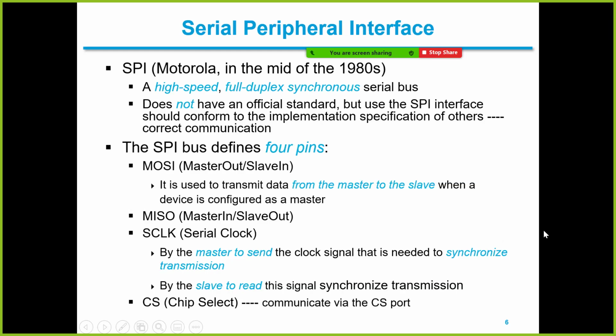Now let's see SPI. As I mentioned, SPI is a serial communication interface, right? It's a high-speed, full duplex synchronous serial bus.